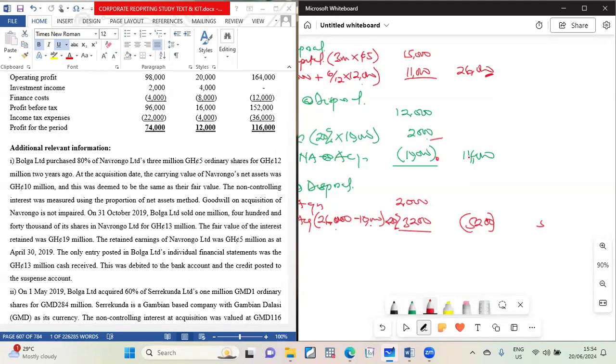Oh, this thing is also a mistake. Look at this, forgive me for putting wrong figures there. The hand is going rather faster than the brain. Because I know that if you take this one, it's supposed to be 4,000, not 14,000.